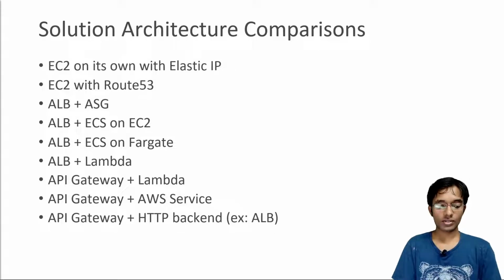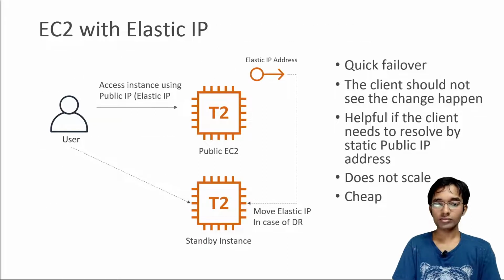So first, EC2 with Elastic IP. We have our user talking to our public instance, which has a public IP and an Elastic IP address attached to it. What we want to do is have some kind of failover, so we are going to have a standby instance.